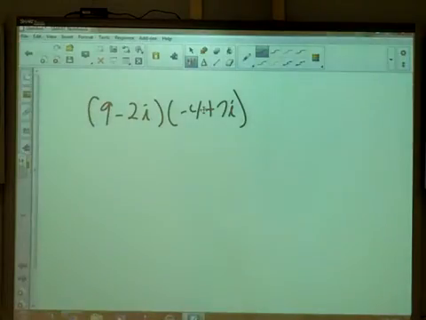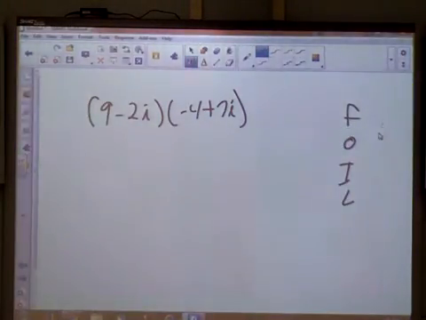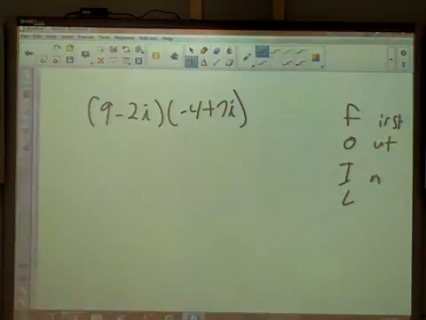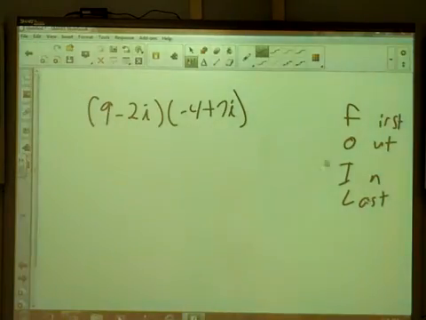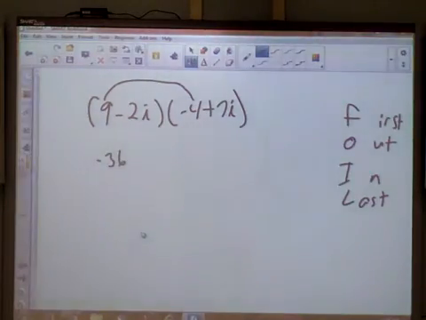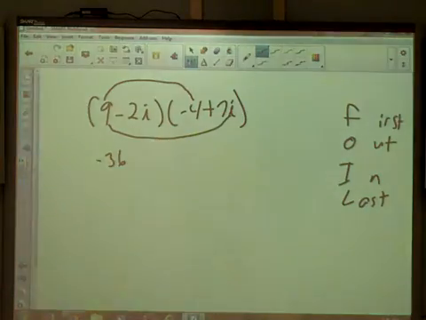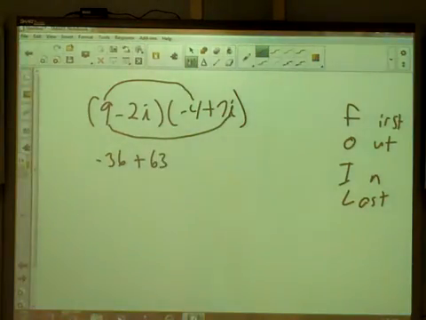My way I always multiply binomial by binomial is I do my FOIL. So I'm going to multiply the first ones, then the outer ones, then the inner ones, and then the last ones. First one in the first parentheses times the first one in the second parentheses, negative 36. Outer, that's the outer edges, 9 times 7i, it's a positive 63i.